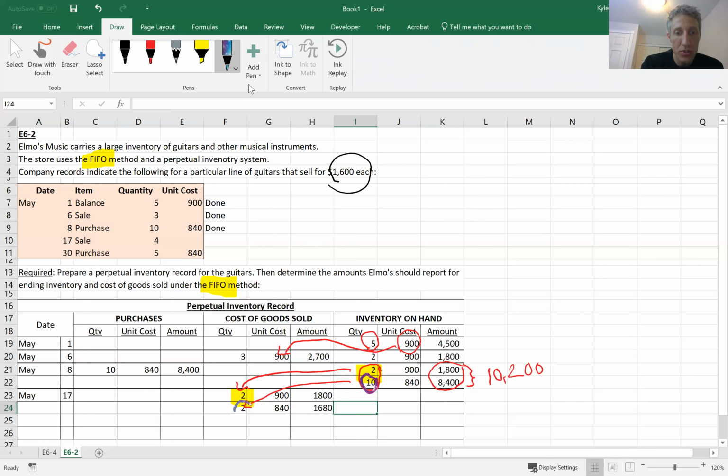I sold 2 of those 10. So now I have 8. Unit price was 840, which leaves me with the balance sheet value, a current asset value of inventory of $6,720. Now I'm done with the 17th.